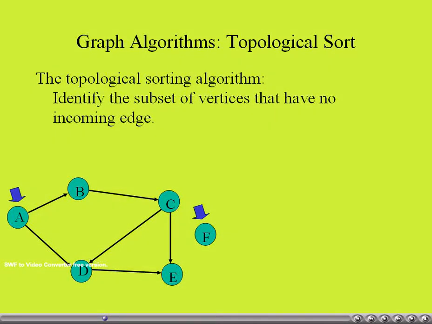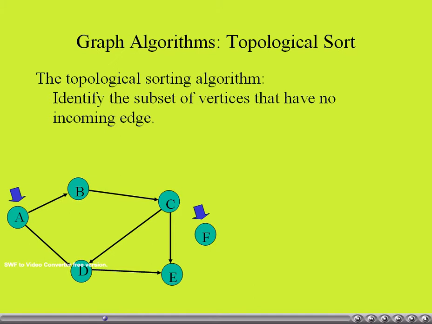Let us apply the topological sorting algorithm for this graph. Already we understood that first we are supposed to find the vertices whose indegree is 0, that is, the vertices which don't have any incoming edge.